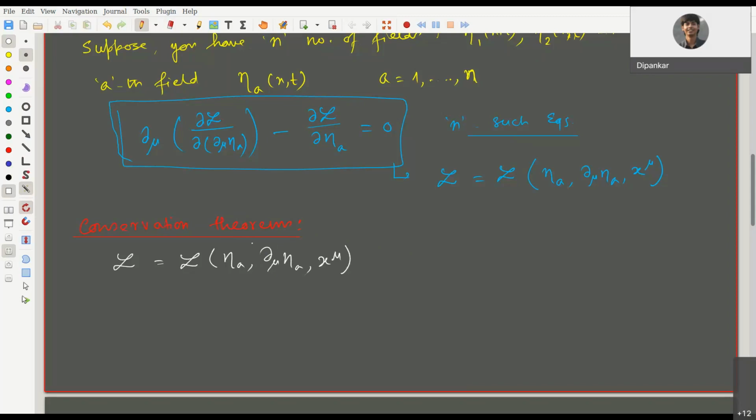If I take the total derivative of this Lagrangian, dL/dx mu, that should be given by the chain rule of derivatives. So del L by del eta a times del mu eta a is the first term.